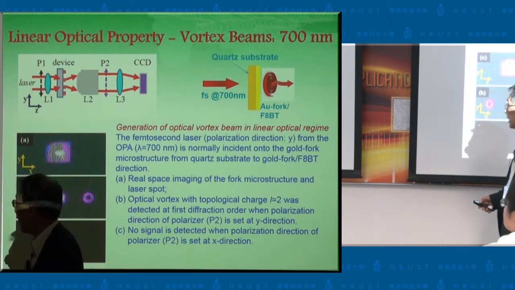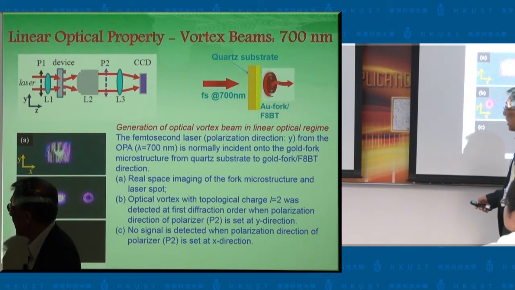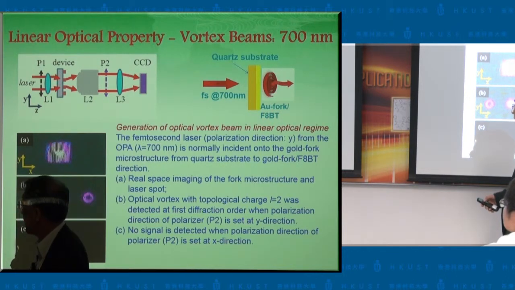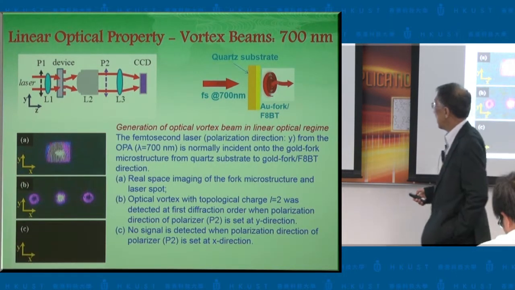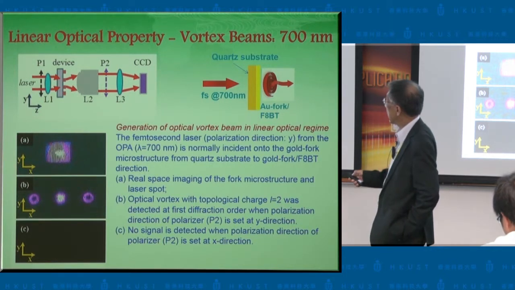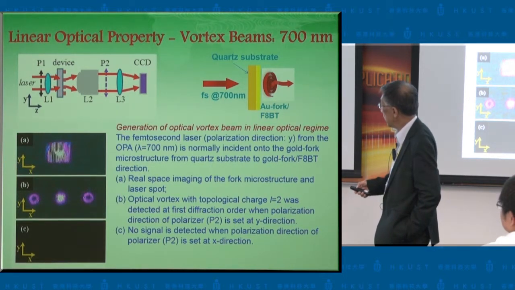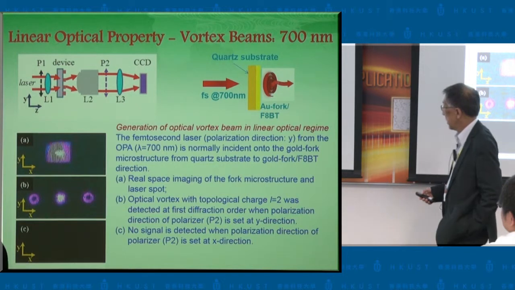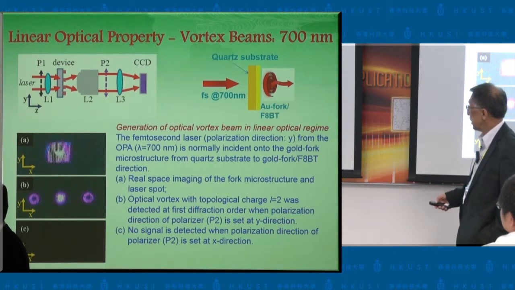Here in B, you could see the first order vortex splitting up here, and the direction of P2 here is set at the Y direction. Now, if you set it at the X direction, then you see none of those.